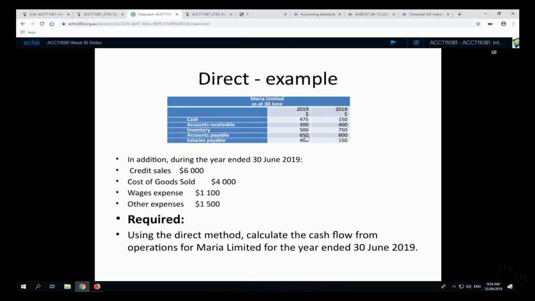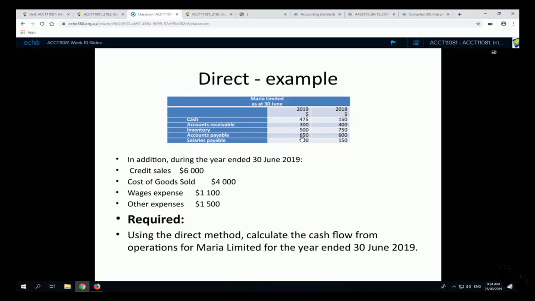Okay, so if you do that mathematically, you have your 4,000 plus 500 minus 750 plus 600 minus 650. So you'll actually get an outflow. Okay, so a negative 3,700 outflow cash from payments to your suppliers. Okay, so payments to suppliers is 3,700 outflow. So that's the second category we've calculated.